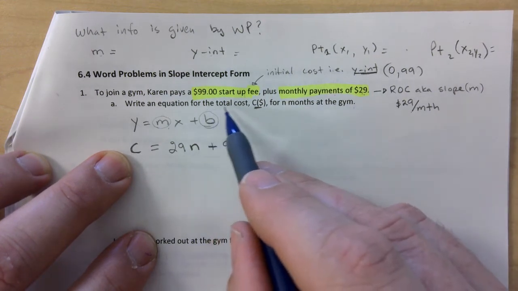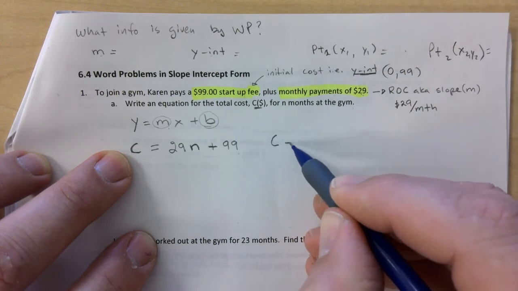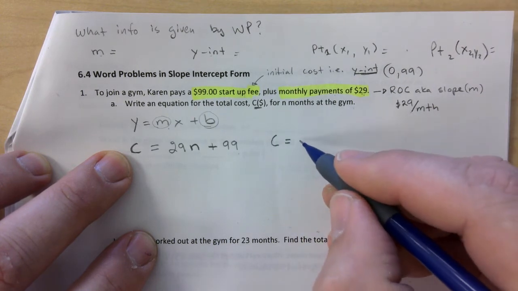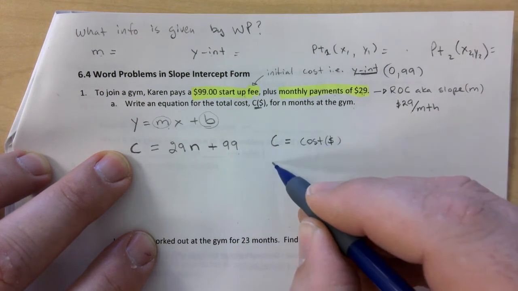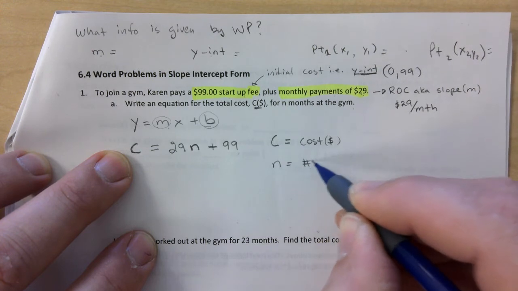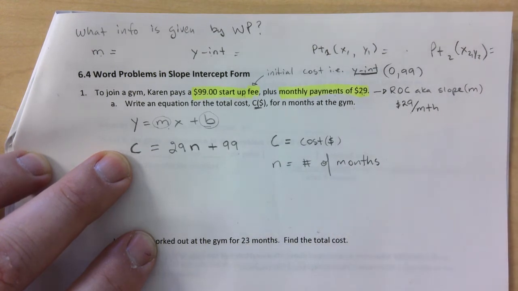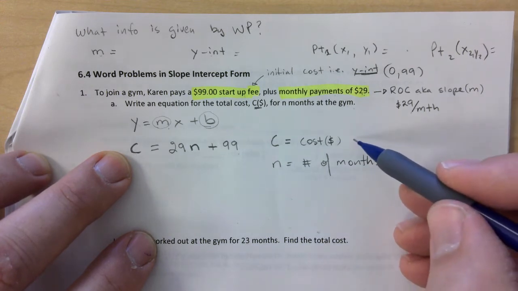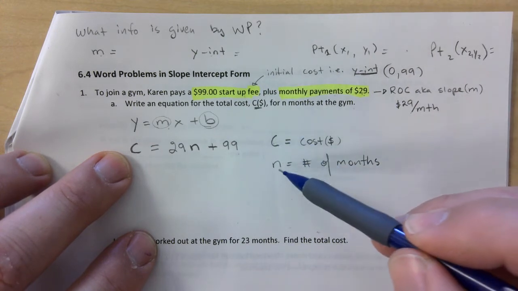And because they gave you already what the letters represent, but let's say they didn't, C represents the cost in dollars, and N represents the number of months. If they don't tell you that, then you would do that. So this could be X, you could say Y is cost, X is number of months.